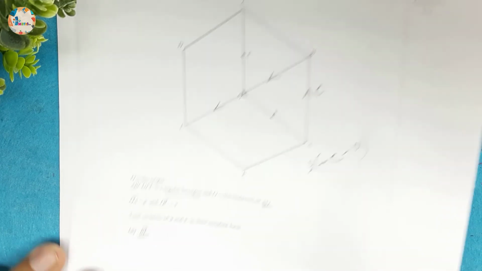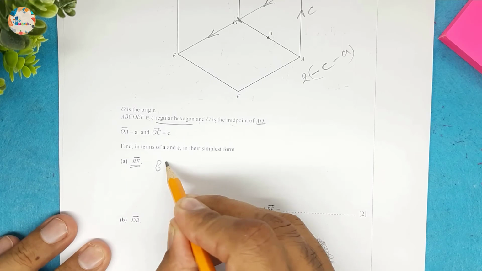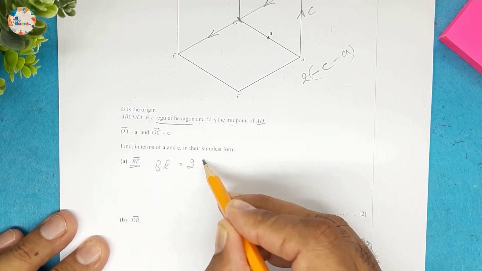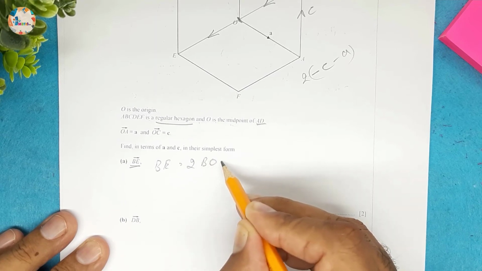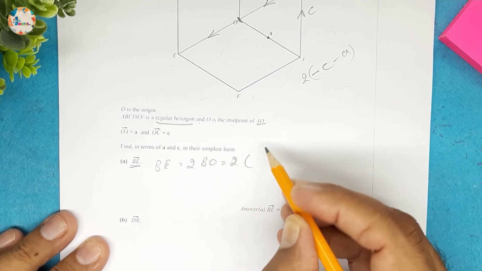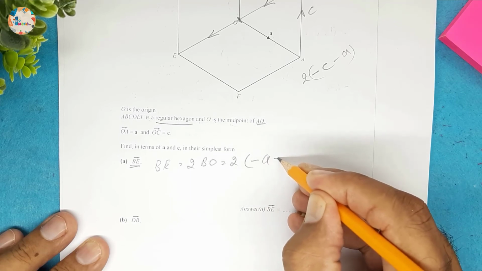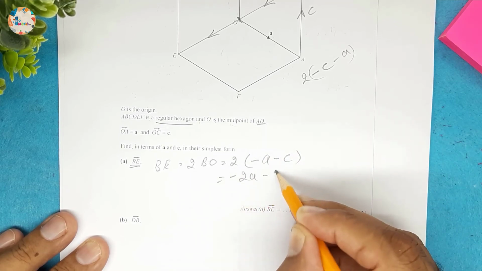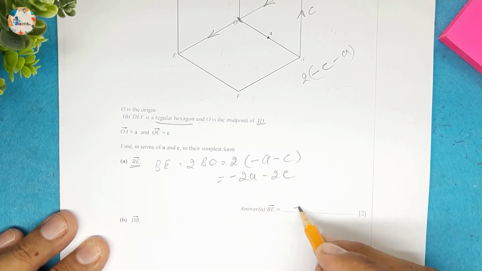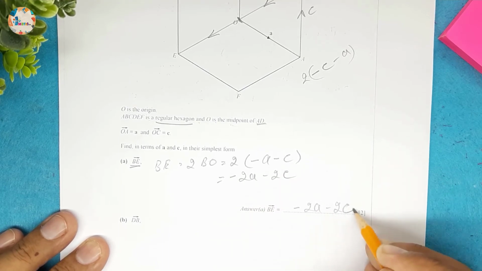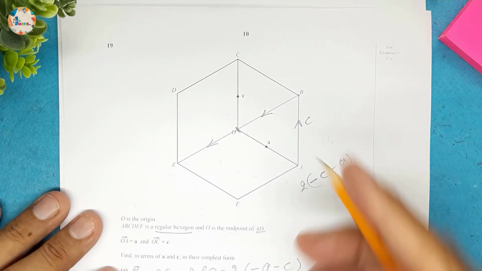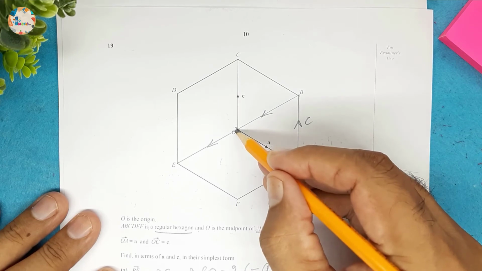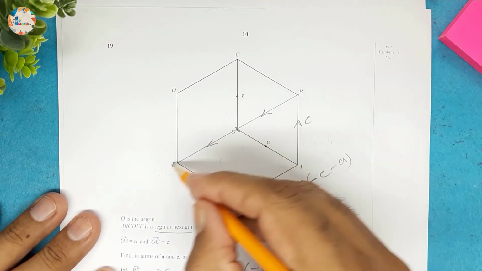So BE is equal to 2 into BO, and this is equal to 2 into minus A minus C, or you can write minus 2A minus 2C. So this will be our answer, minus 2A minus 2C. Hopefully you got this. What we have done is taken this route, minus C minus A, and doubled it. So this will be BE.